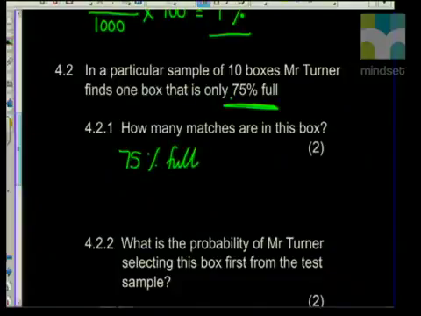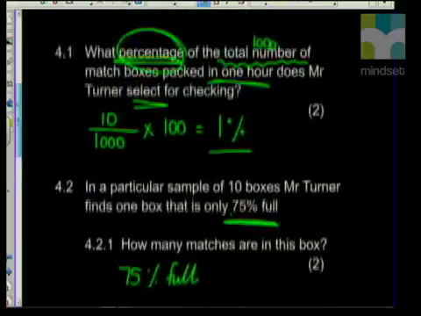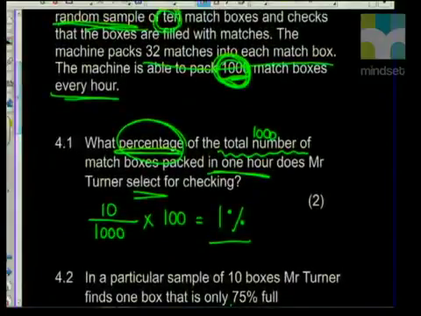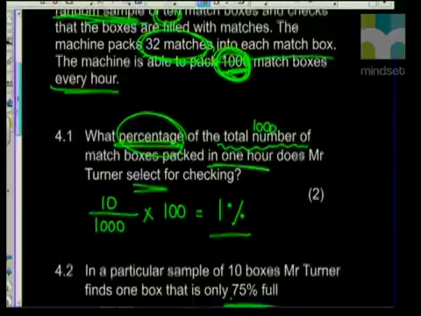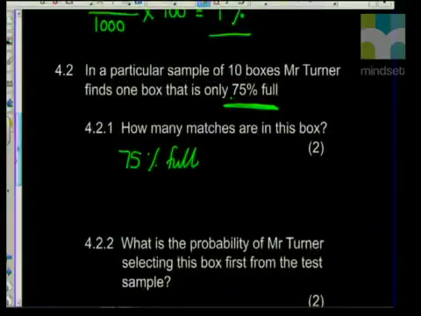I now need to go back to my original question and find out how much is a full box, because I need to know how many matches there were to start with. And you see that it says 32 matches. So a full box is 32 matches, and this is only 75% full.